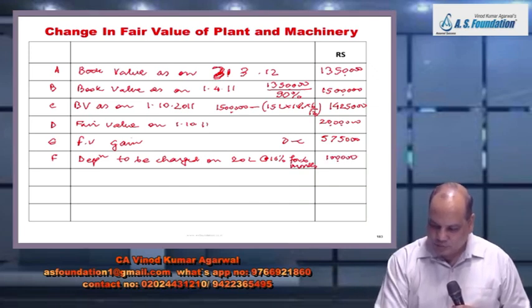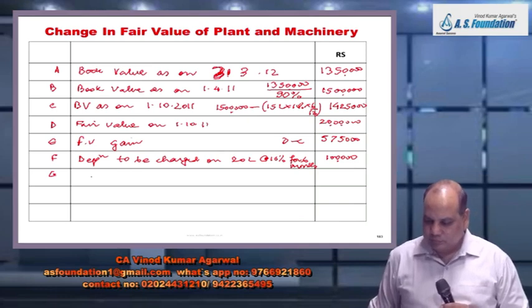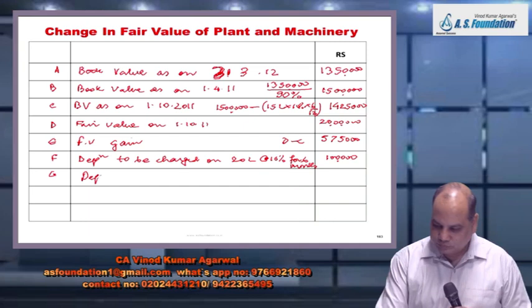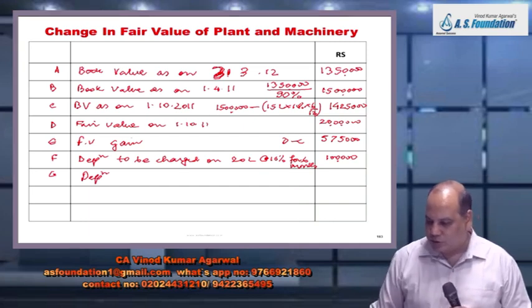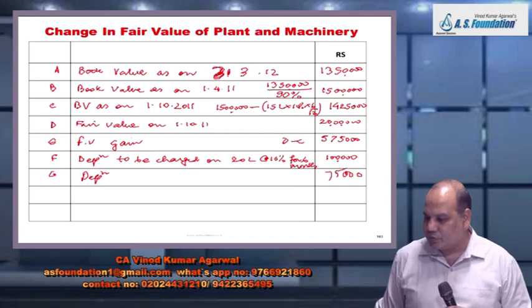And point G, depreciation already charged in the last 6 months, 75,000.